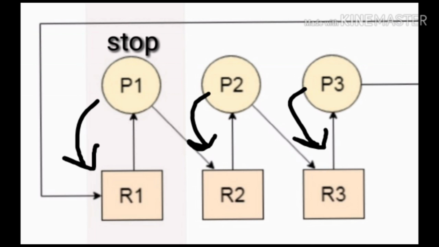P2 also stops its execution because it needs R3, which is being used by P3. P3 stops execution as it needs R1, which is used by P1. In the end, none of the processes are progressing and the computer becomes unresponsive since all the processes get blocked.